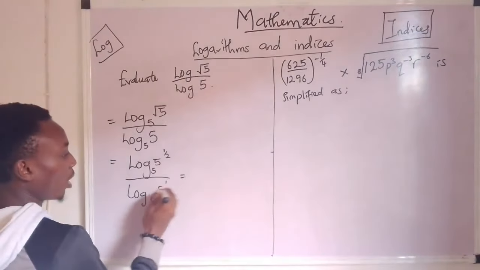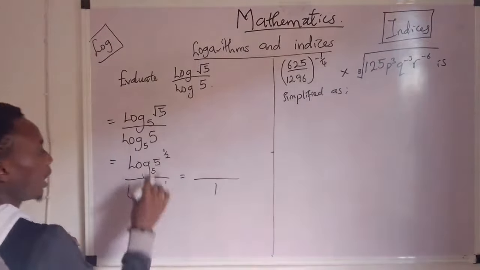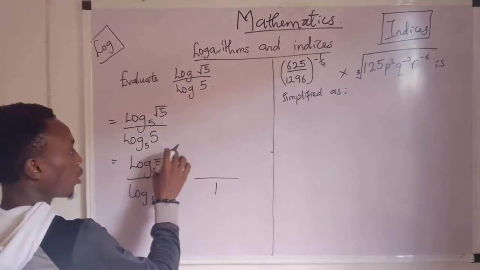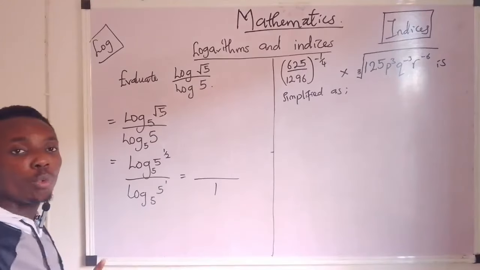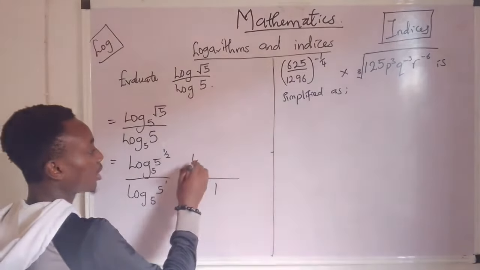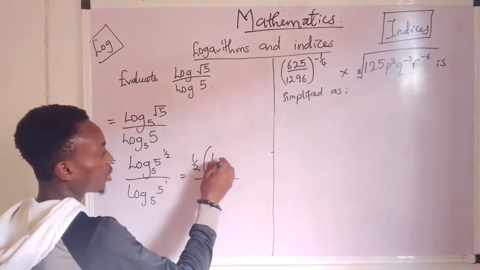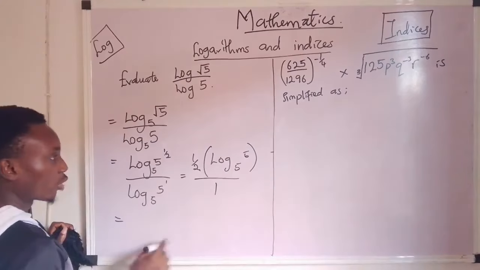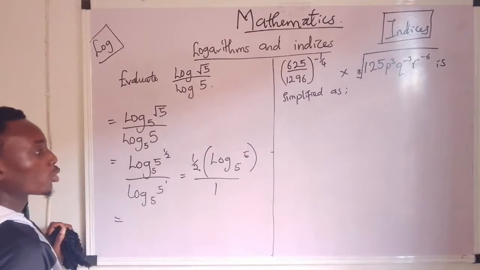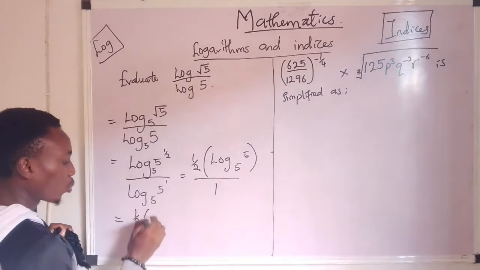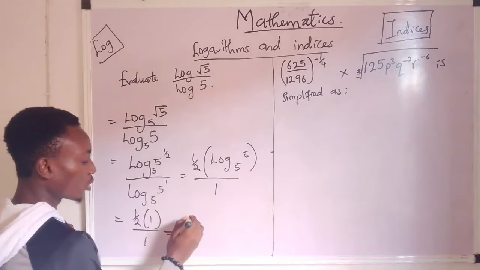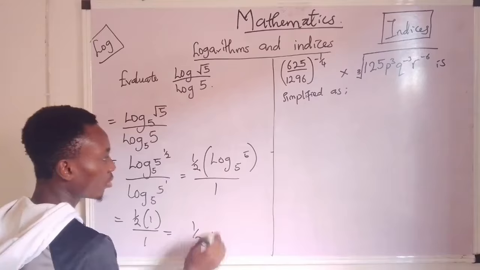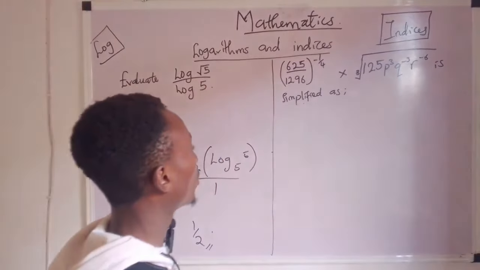Now this one is power, this one will give us 1. This one over 2 can go to the back. According to one of our laws of indices, you have 1 over 2 times log base 5 of 5. Now this also equals 1. So we have 1 over 2 times 1 over 1, which will give us 1 over 2.